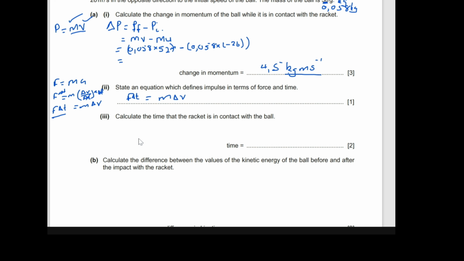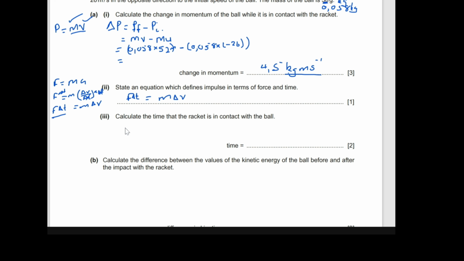Okay. Now calculate the time that the racket is in contact with the ball. So that impact we are talking about, there's a certain time. How long does it take? When these two objects were together, at that time when the ball hits the racket, we call that impact time.